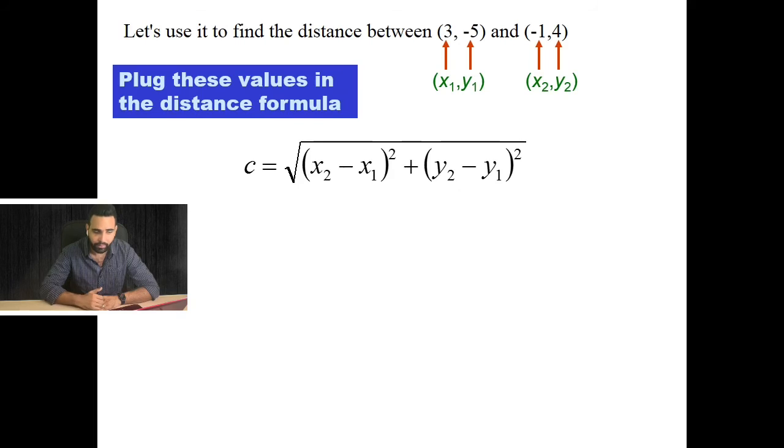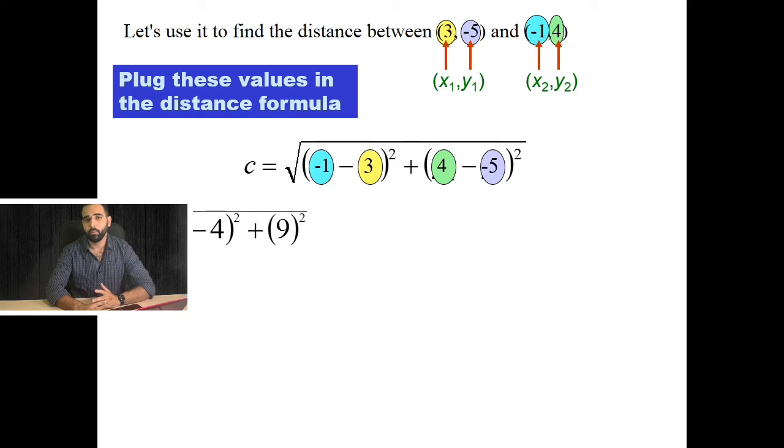So now you can replace the numbers. You plug these values into the distance formula. x2 will be -1. x1 will be 3. y2 equals 4. y1 will be -5.